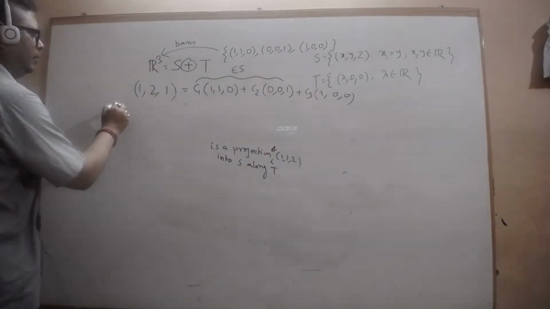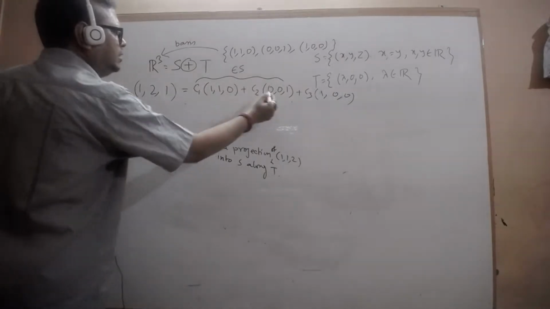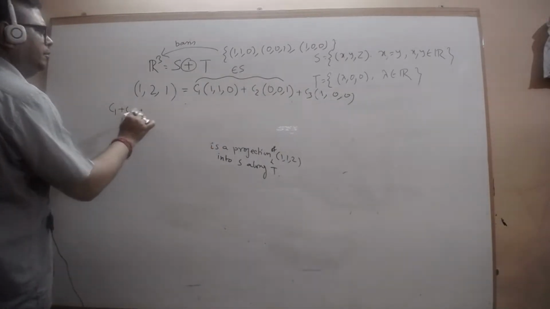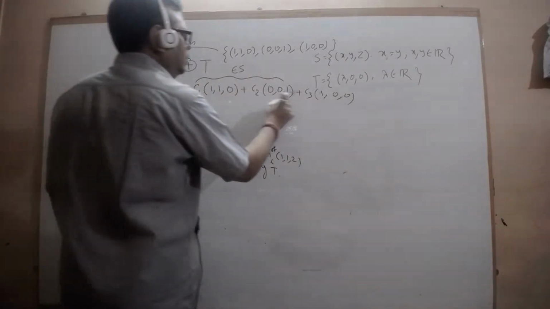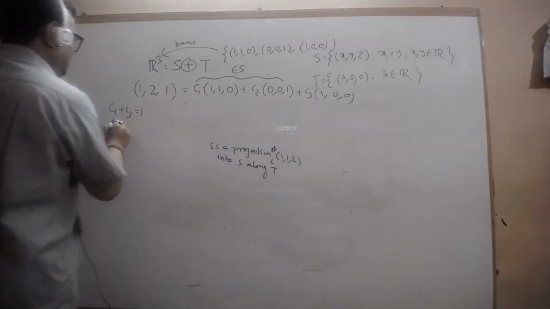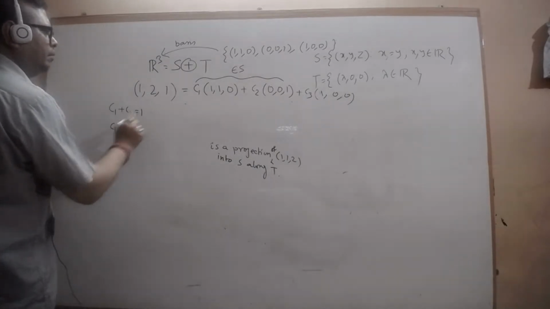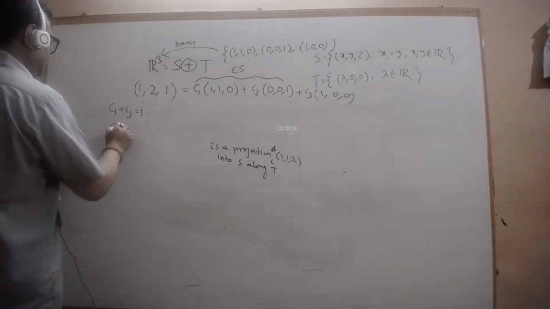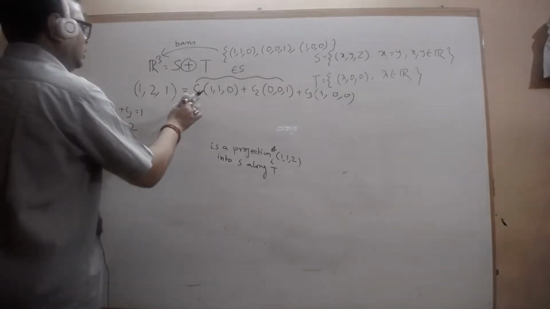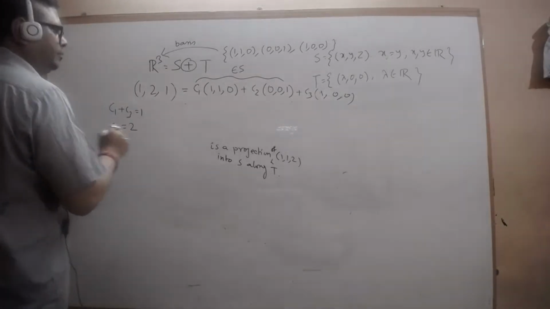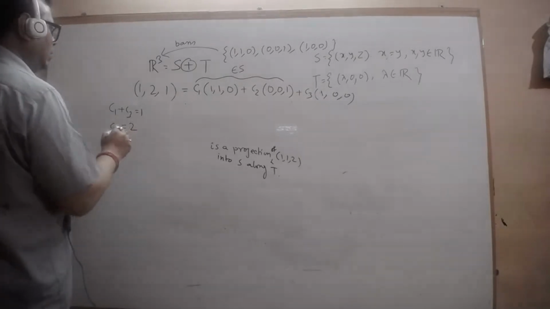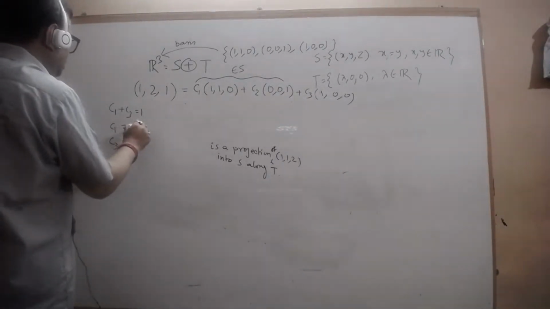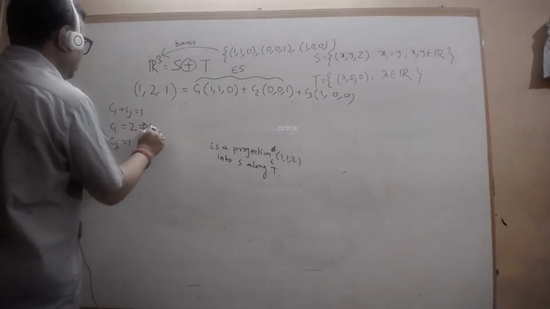Then you see that C1 plus C3 equal to 1, C1 equal to 2, C3 equal to 1.